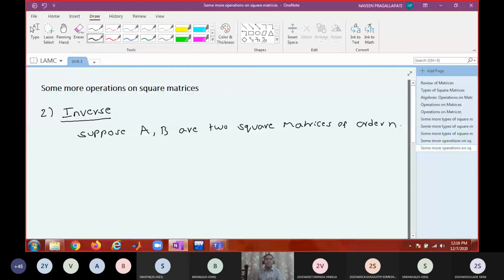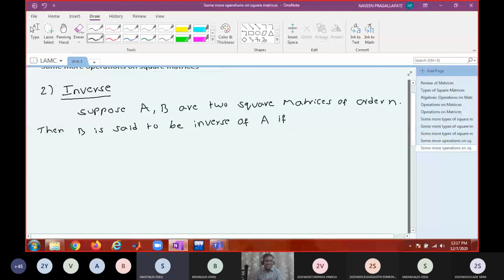Then B is said to be the inverse of A if AB is equal to BA is equal to I. Correct. AB equal to BA equal to I.